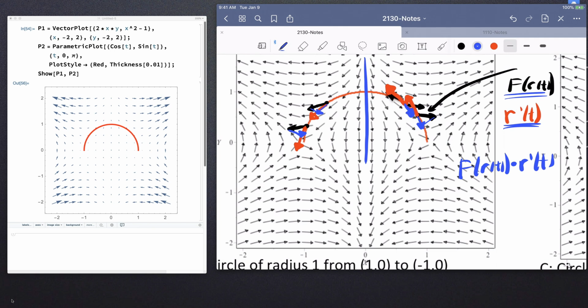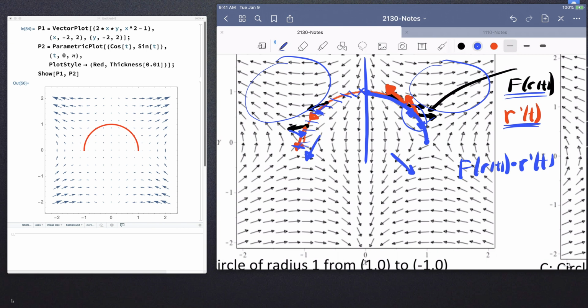If we look at just the blue arrows themselves, we can see that the force is pointing backwards relative to the direction of motion in this case and forward in this case. Because the vector field is symmetric, the vector field is the same on this side as it is on the other, and we're traveling the same distance from here to here and from here to here along these arcs of the circle.